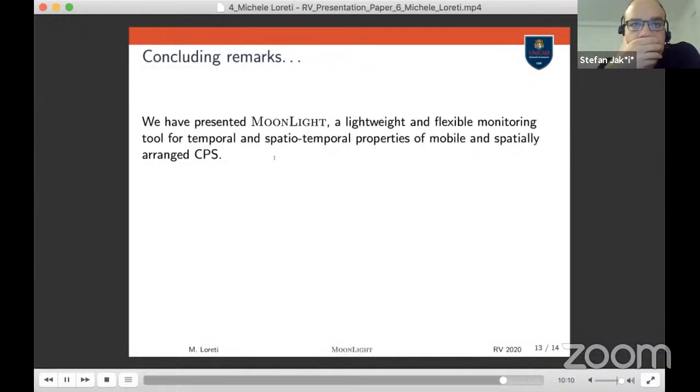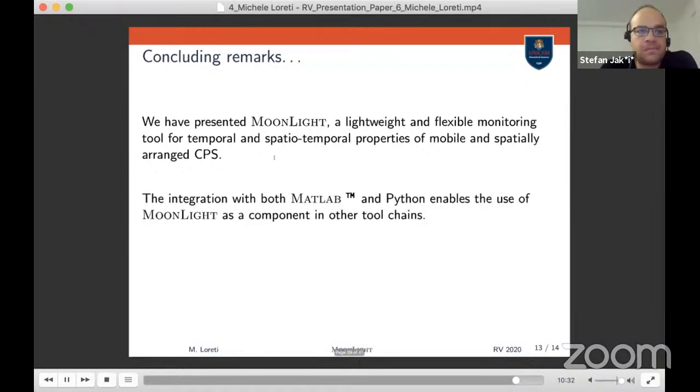Some concluding remarks. So we have presented Moonlight, that is a simple and quite flexible monitoring tool that supports both temporal and spatial temporal properties that can be used to verify and monitor properties of mobile and spatially arranged cyber-physical systems.